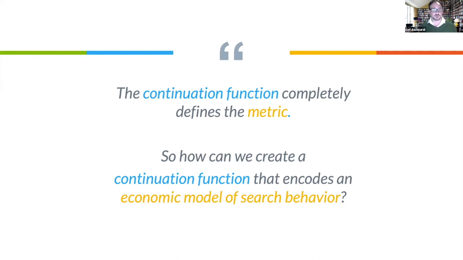And nor can we necessarily say we're like Norbert, who says, I'm just going to look for the first relevant item and then stop. So how can we make an economic model of a user that is adaptive and will change in response to what's actually being presented in front of them?